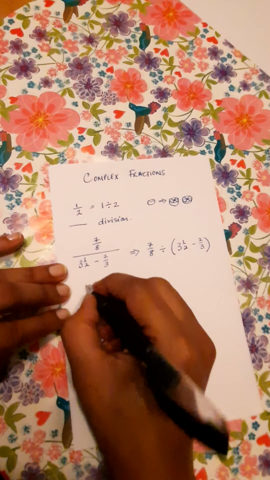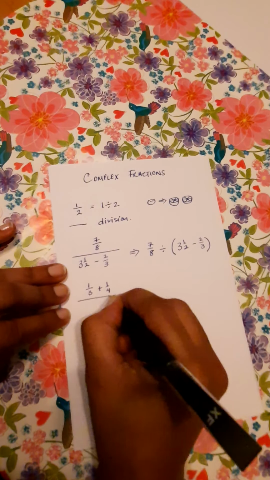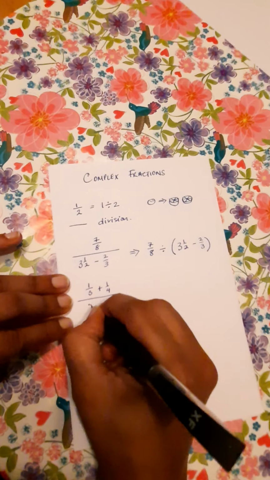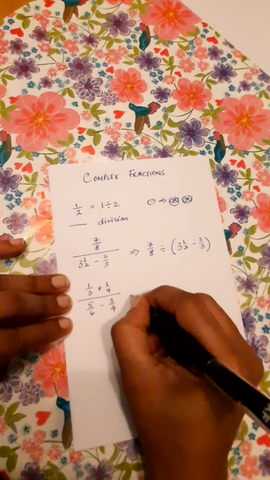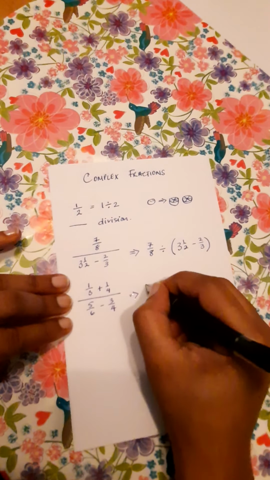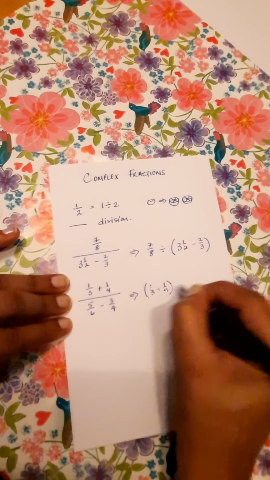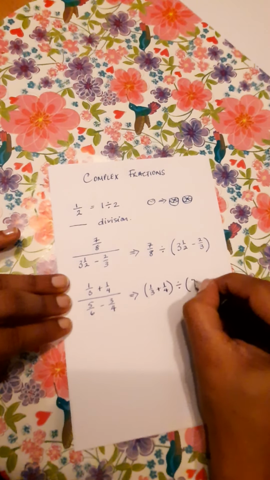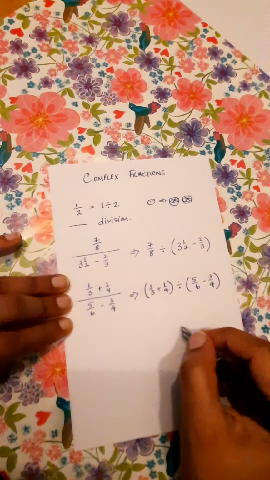If CXC gives us a question like this, 1/3 plus 1/4 all over 5/6 minus 3/4, I can rewrite it with 2 sets of brackets, 1/3 plus 1/4 divided by 5/6 minus 3/4.